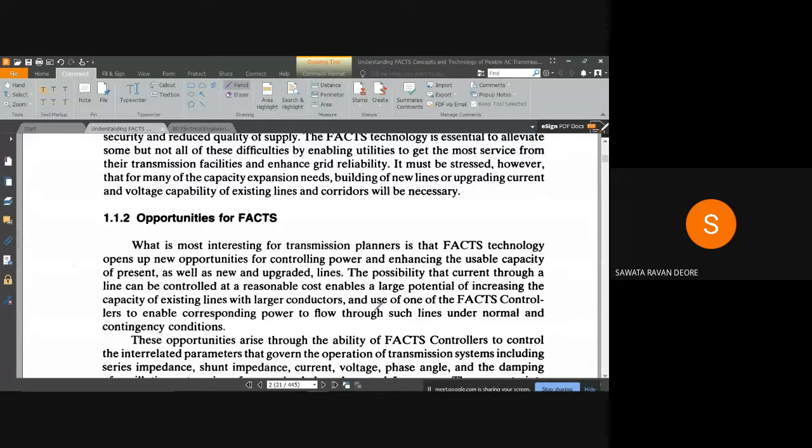Under such circumstances, if any one line connected to the Kharghar substation has already reached its rated capacity, we need to modify that line. Otherwise, for every loading condition, that line will get overloaded.